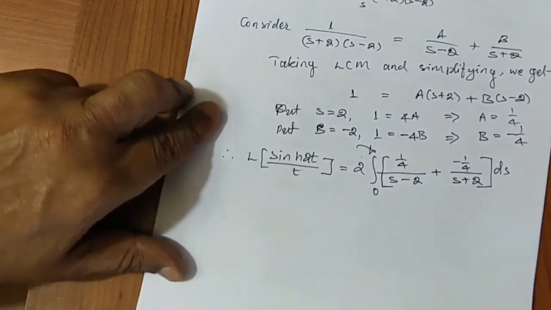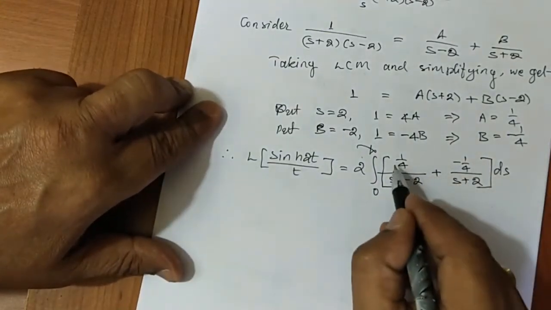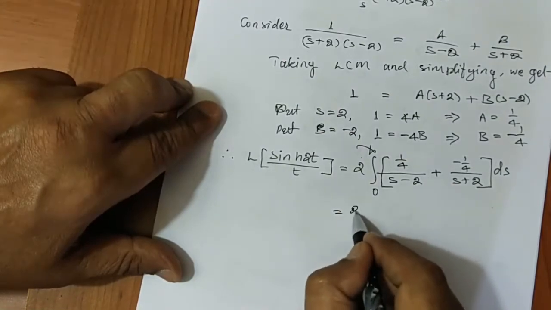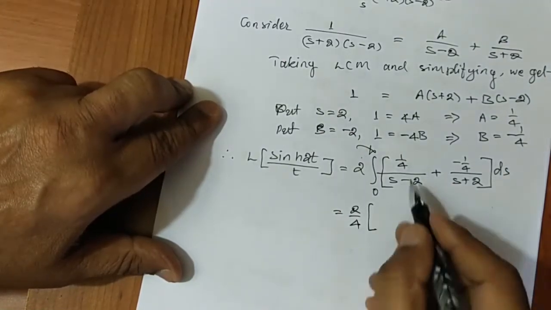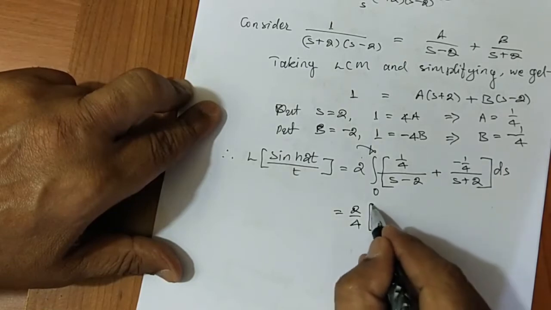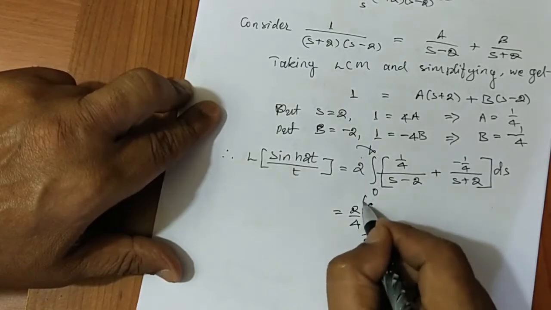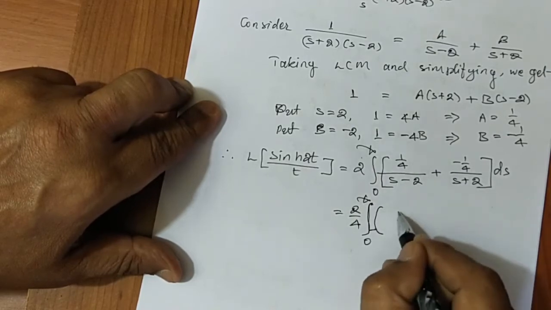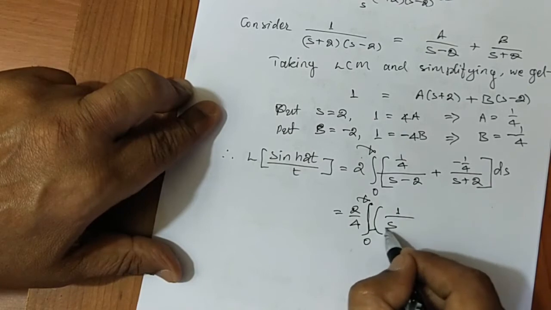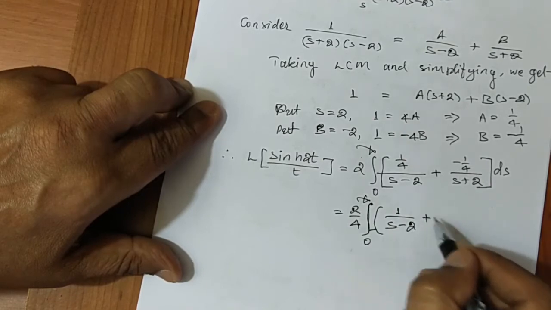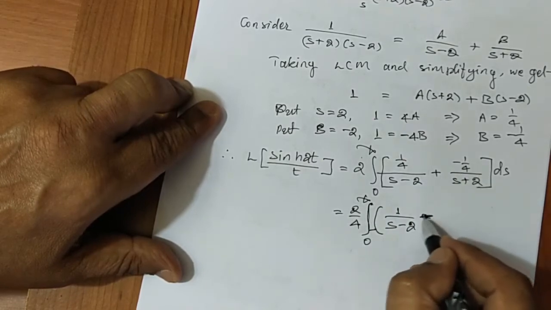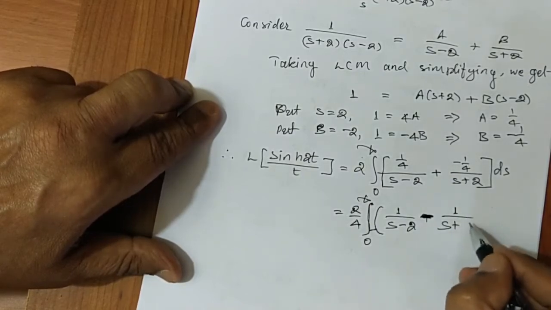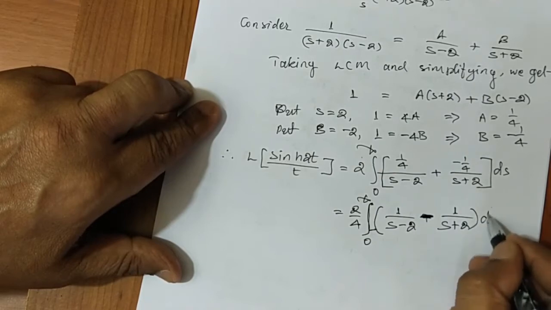So what will this be? Here 1 by 4 I can take outside. So 2 times 1 by 4 is 2 by 4. So 2 by 4 integration from s to infinity of 1 over s minus 2 minus 1 over s plus 2 ds.